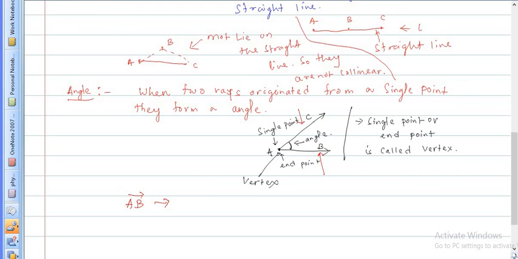This is known as the arm of the angle. You should remember this. Write down: arm of an angle. Similarly, this AC ray is known as the simple ray.